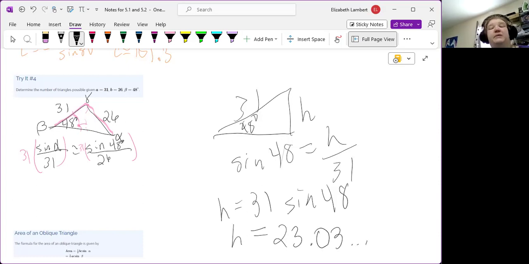So this is the minimum length that drop-down side has to be. It has to be at least 23.03, whatever units we're talking about. If it is more than that, then we get our weird drag two triangle situation, which answers this question. The 26 is not bigger than the 31, so we don't have the outside case where there's only one long stretch. So this is two triangles.